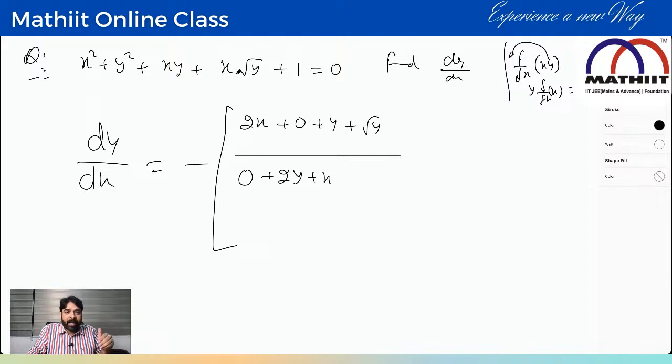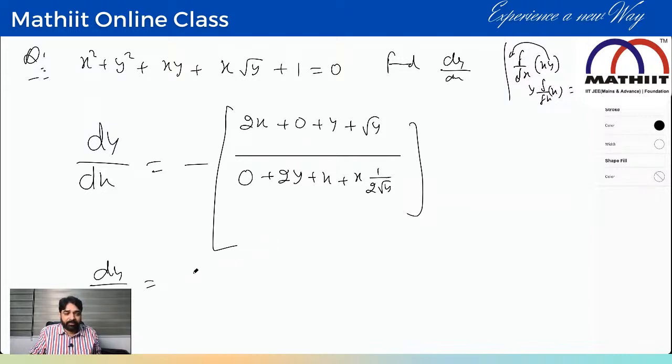Now here x will come out, root y differentiation, root of something differentiation, so x into 1 by 2 root y into y differentiation, that is the 1. This will be your answer. If you want to simplify, you can just take 2 root y LCM.